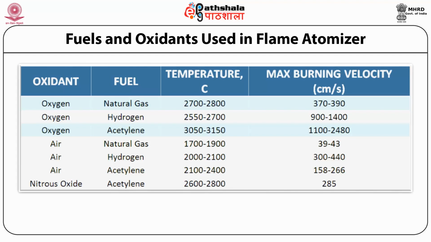The highest temperature is obtained with oxygen and acetylene, that is 3050 to 3150, with a burning velocity of 1100 to 2480 centimeters per second. Air acetylene also produces a high temperature, that is 2100 to 2400, with a burning velocity of 158 to 266 centimeters per second. Nitrous oxide and acetylene produce 2600 to 2800 degrees centigrade with a burning velocity of 285 centimeters per second.